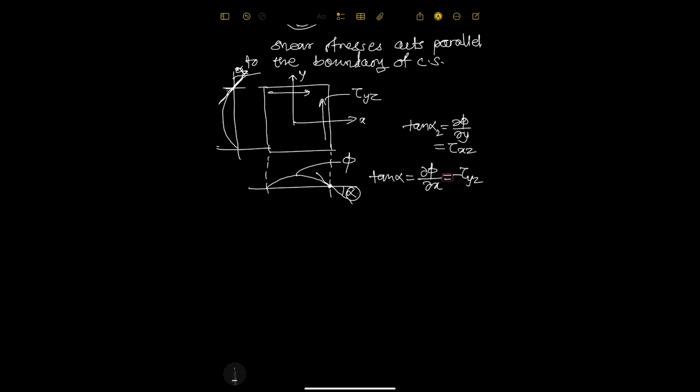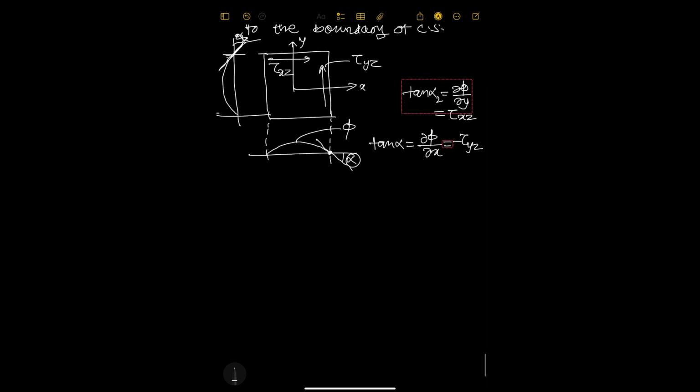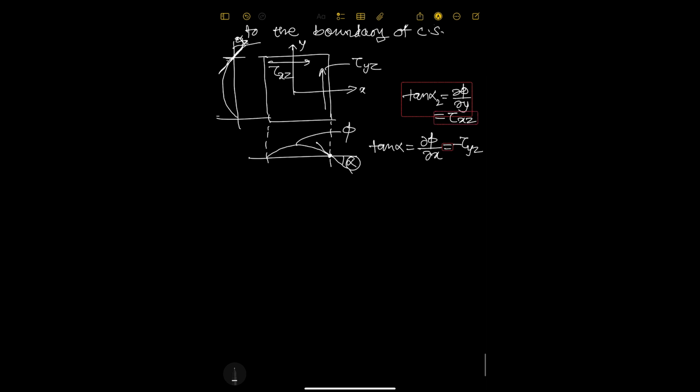So we can get the magnitude of tau xz. So depending upon the sign of this tau xz, the direction of the arrow will be shown.